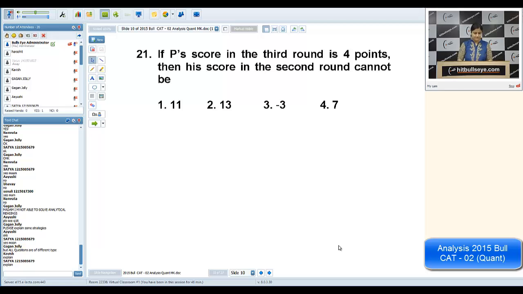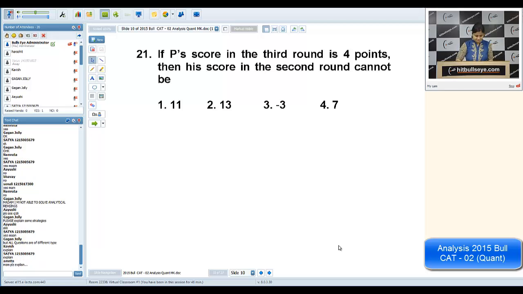Okay, Kavish and Satya, what was the question? There are 4 players. I'm coming directly to the question. If R scored 11 points in the second round and was given not more than 21 aims in all 4 rounds together, then what is the maximum possible points he could have scored in the third round? See, there were 4 rounds.